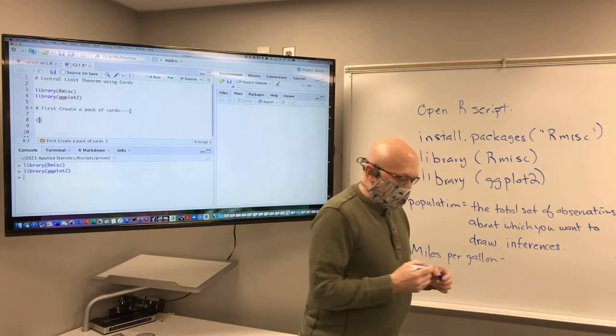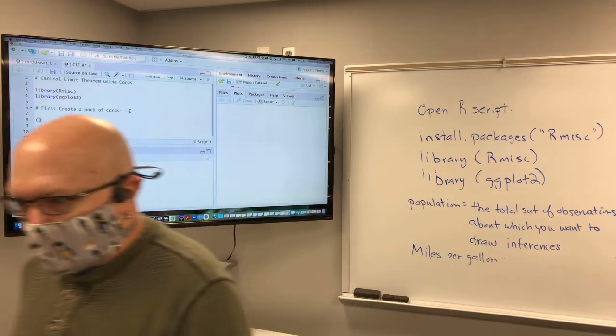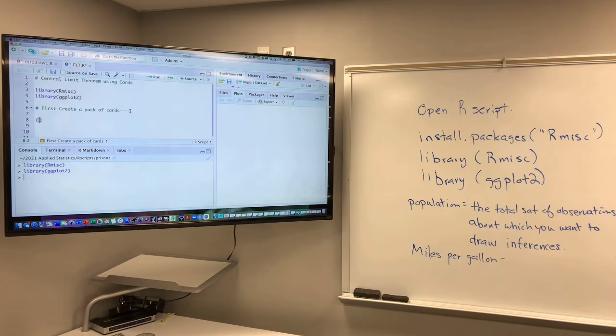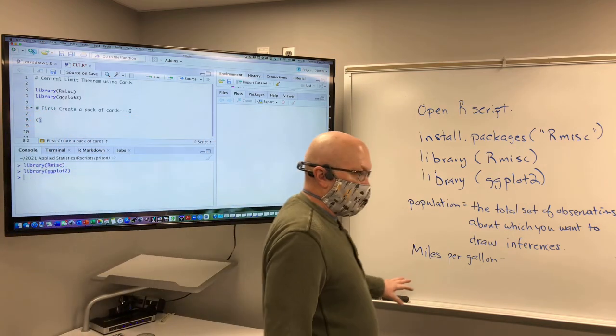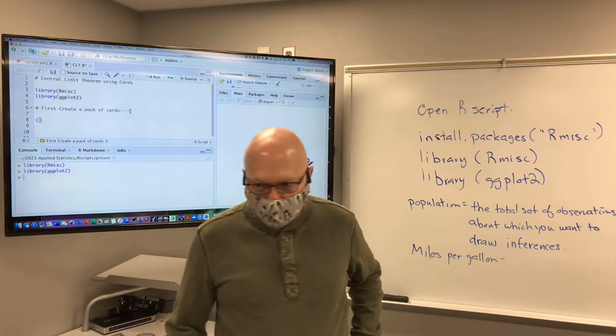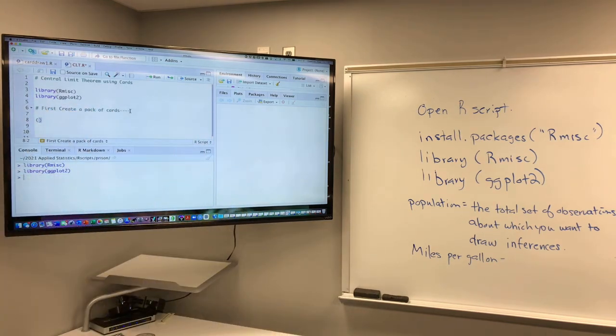You might want to know how the fleets of cars that different automakers, Toyota, Ford, Chrysler, etc., produce vary in terms of the number of miles they get per gallon of gasoline. If that's what you're interested in, your statistical population is the miles per gallon of every car that's currently being produced.